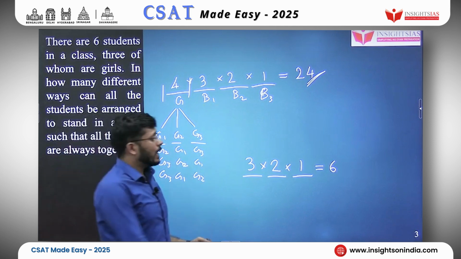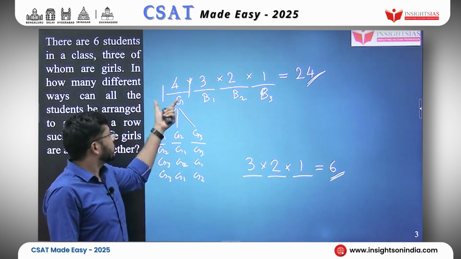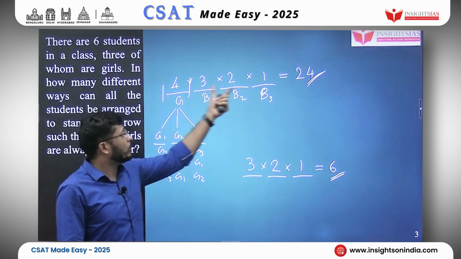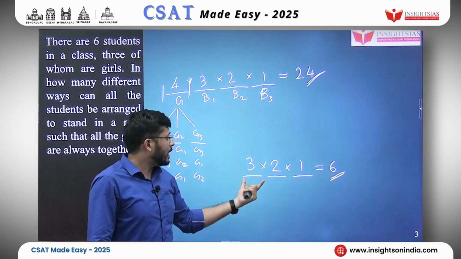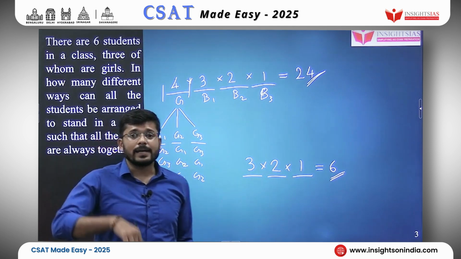When we consider the block to be a single entity, we got 24 ways, and internally inside the block there can be 6 internal ways.